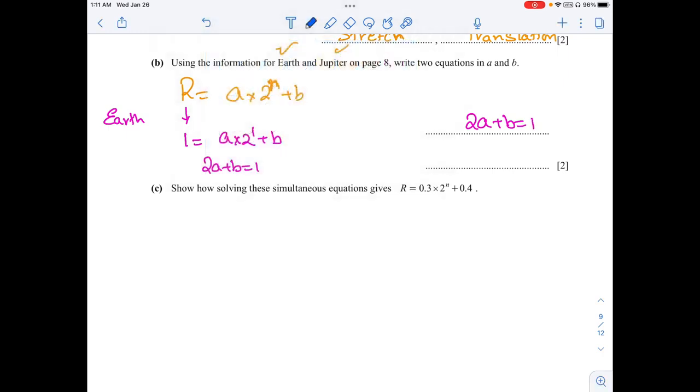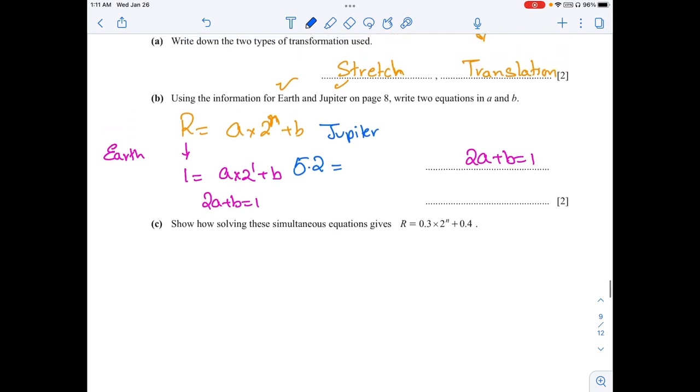Now for Jupiter, it was 5.2 and n was 4. So a times 2 to the power of 4 plus b becomes 16a plus b is equal to 5.2. Show how solving these equations will give this one.